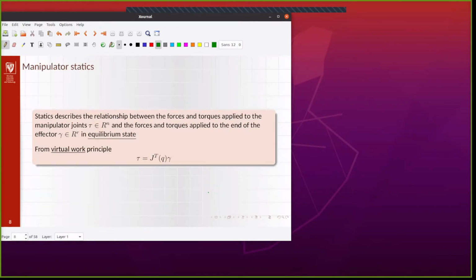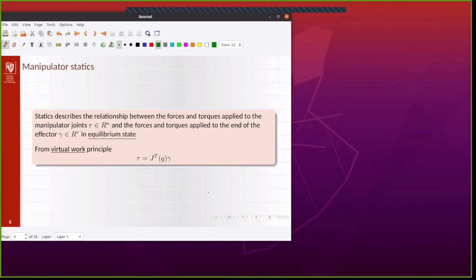And again, something you had in the introduction to robotics, that is statics, which was talking about forces and torques, because we can transform not only the velocities from the task space to the joint space, but also the forces. We can do it either in dynamics, in the dynamic movement, but we usually start with statics.